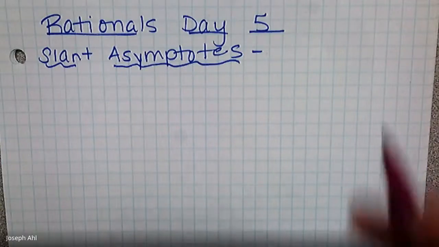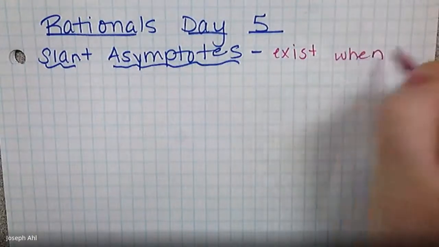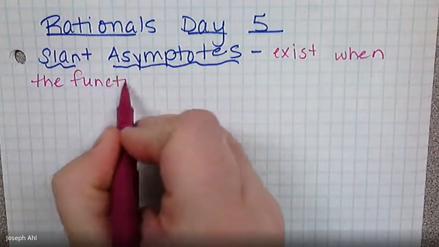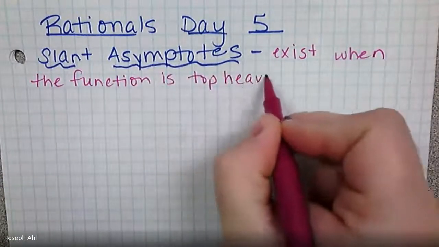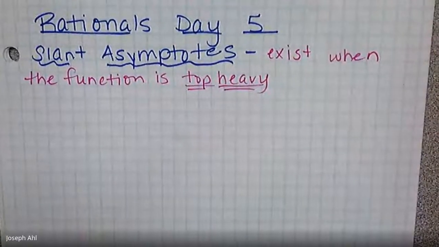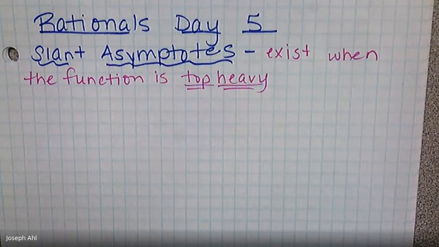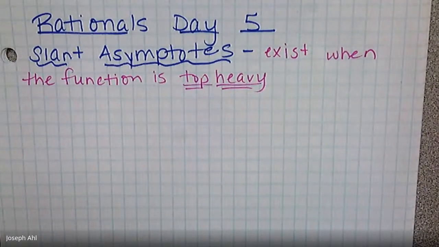So I'll tell you that these exist when the function is top heavy. Up until this point, when the function's been top heavy, we've really just determined that there is no horizontal asymptote, which is true. But we haven't really sketched anything like that yet. So top heavy, you kind of stop and say, okay, it's top heavy, no HA.